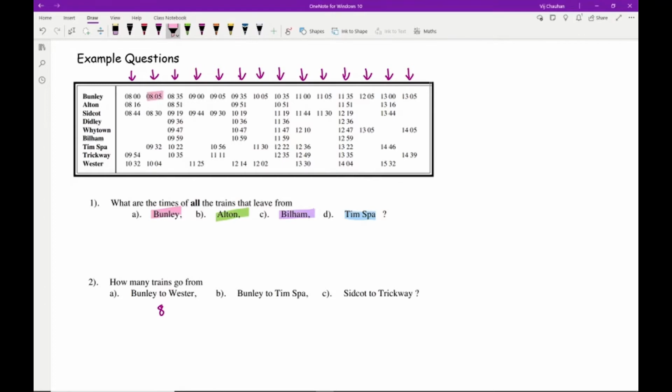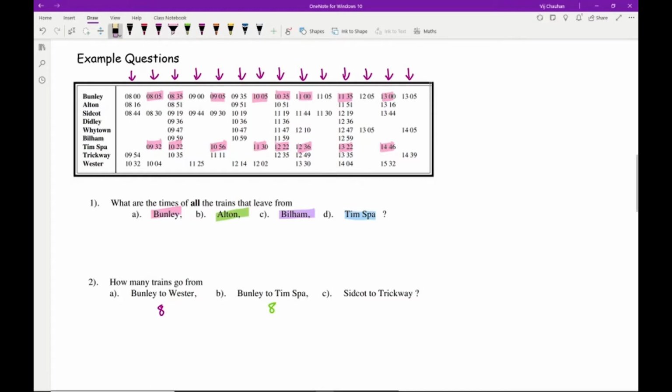The second one does. The 3rd one does. This one does. That one doesn't. This one does. This one does. That one does. That one does. And that one does. So altogether we've got 1, 2, 3, 4, 5, 6, 7, 8 trains again that go from Burnley to Tim Spa. And the final one, how many trains go from Sidcup to Trickway?